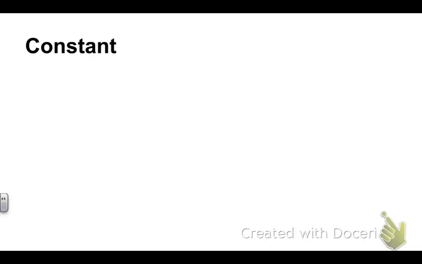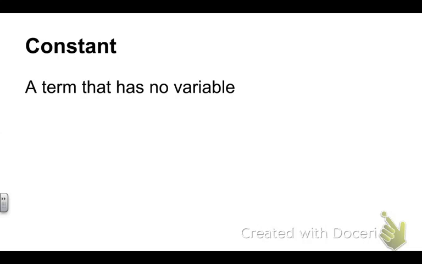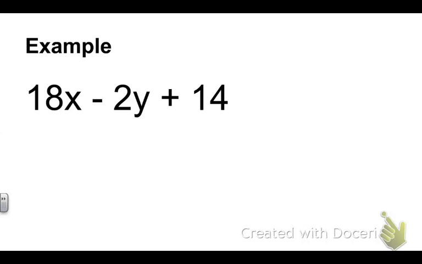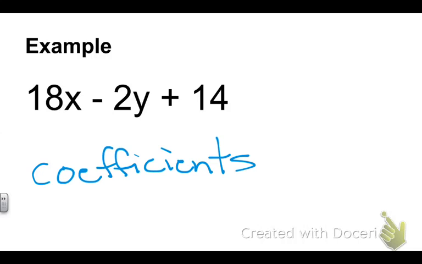And then a constant is the term that has no variable. It's just the number. So here's the example. The example is 18x minus 2y plus 14. Alright, so right now the coefficients, again, are the numbers that come before the variable.